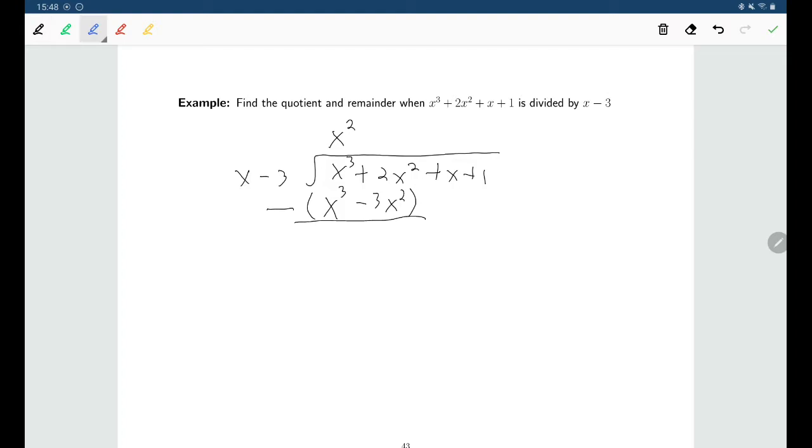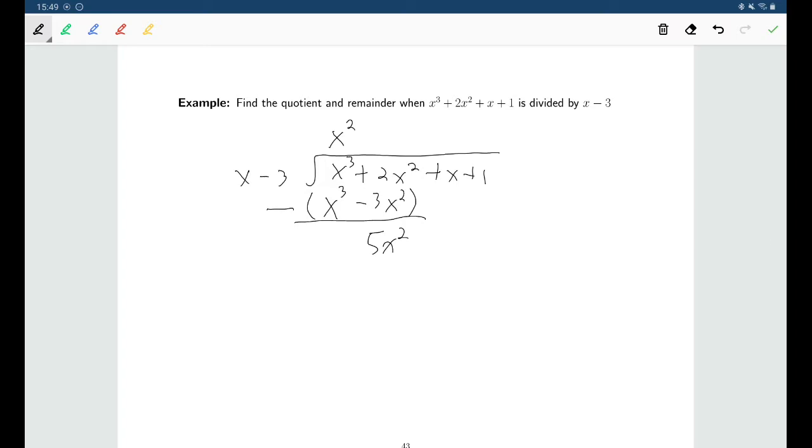So I have x cubed minus x cubed, which is gone. Then I'll have 2x squared minus negative 3x squared, which is the same thing as 2x squared plus 3x squared, or 5x squared. So we asked how many times does x go in?